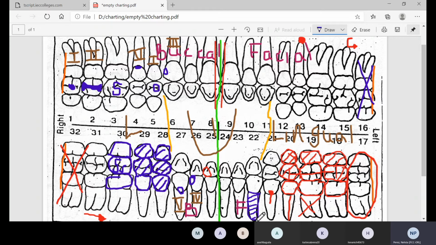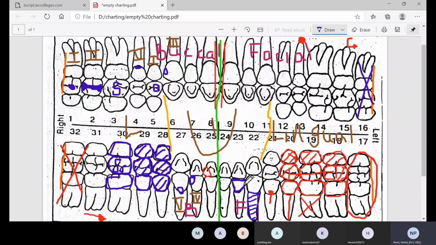The next symbol on your page 198, you cannot even see it, unfortunately, but it would be just over here. Okay, so it's only outlined on the facial side.